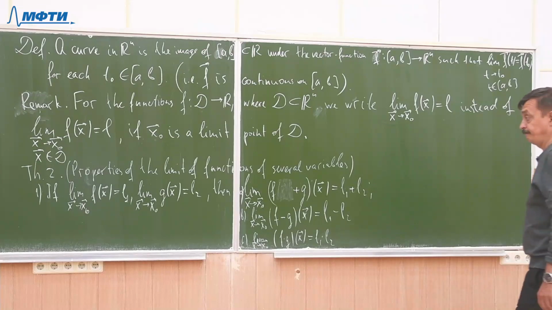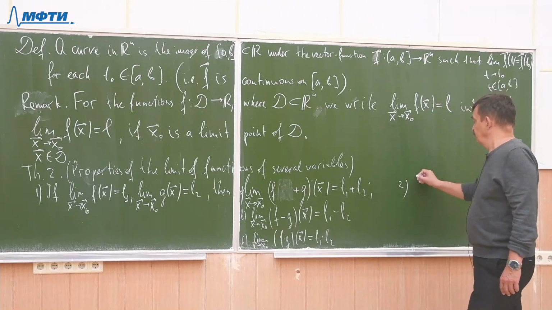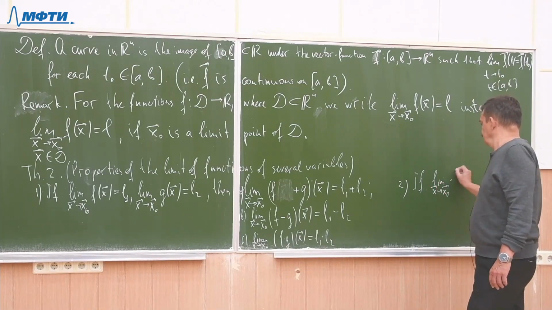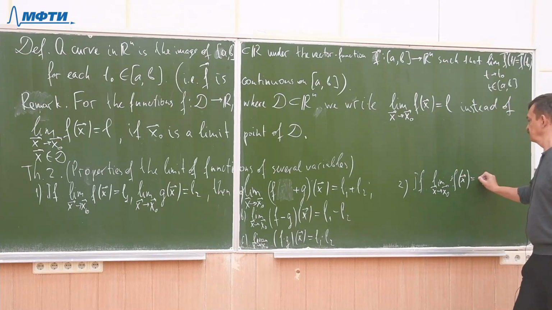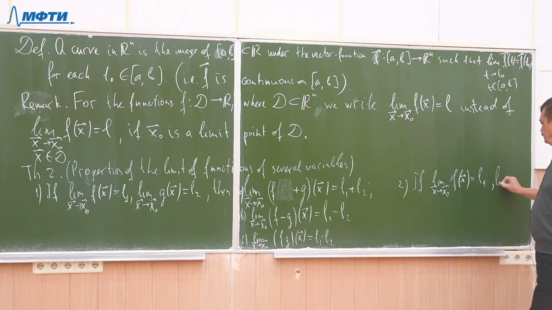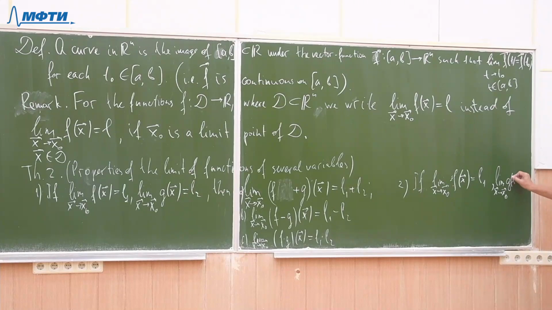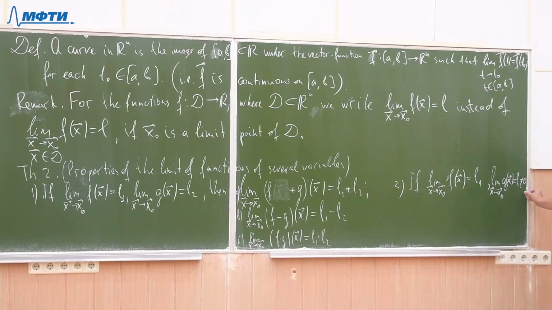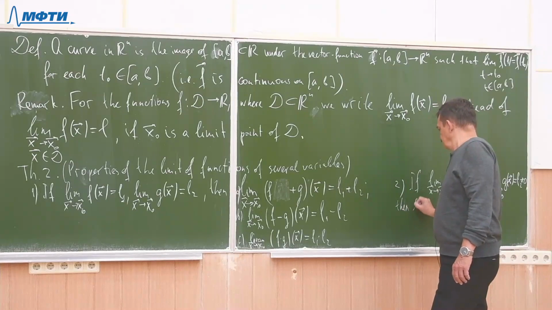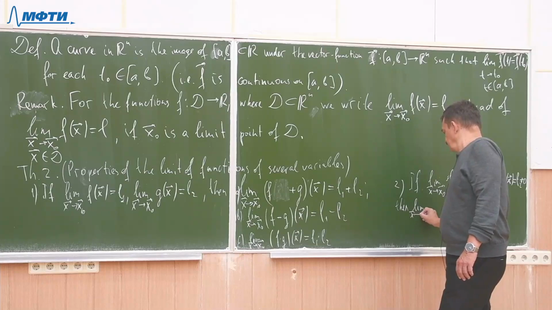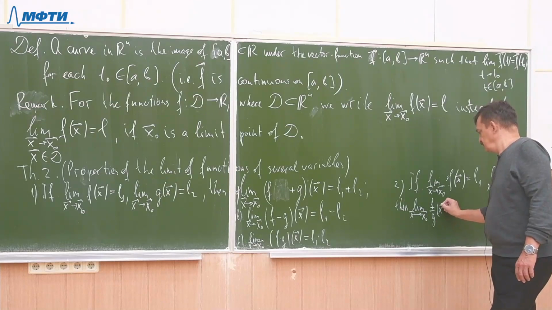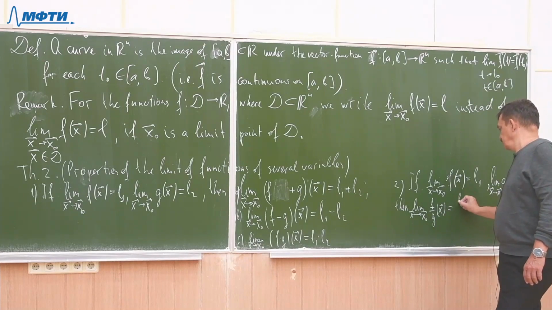And second, if limit as x tends to x naught of f of x equals L1, limit of g of x equals L2, which is not 0, then the limit of the ratio f over g of x equals L1 over L2.